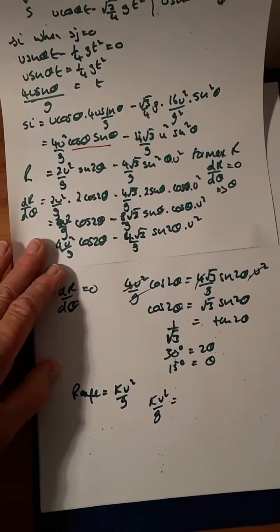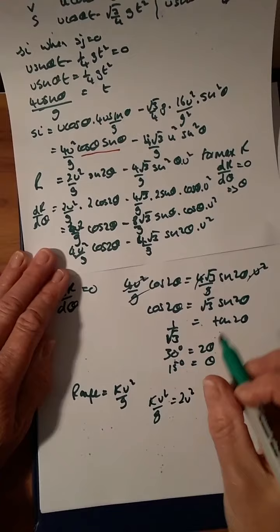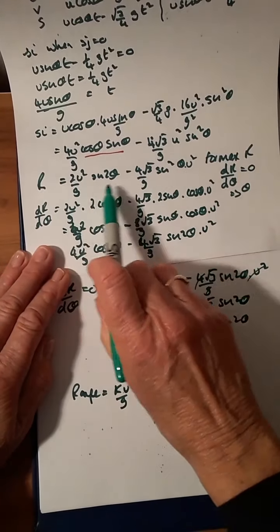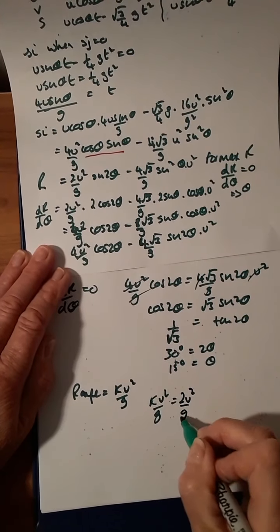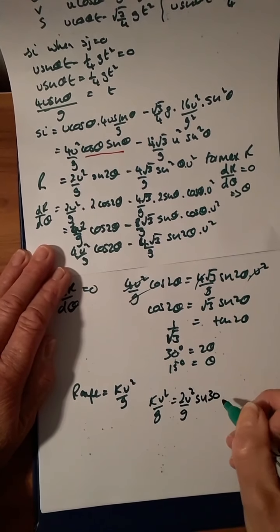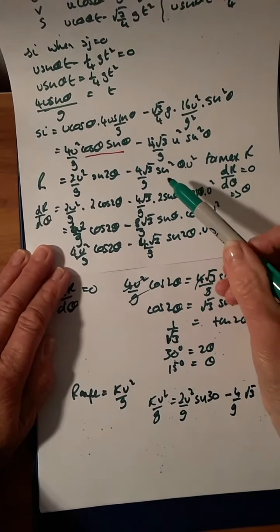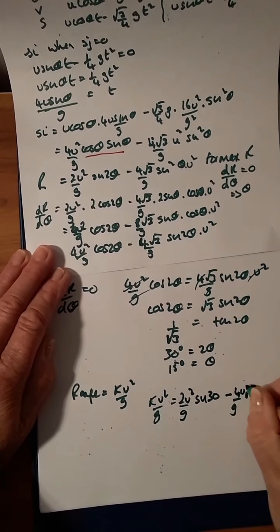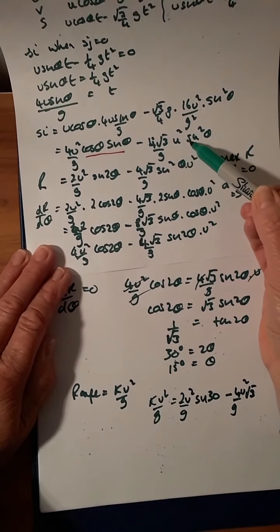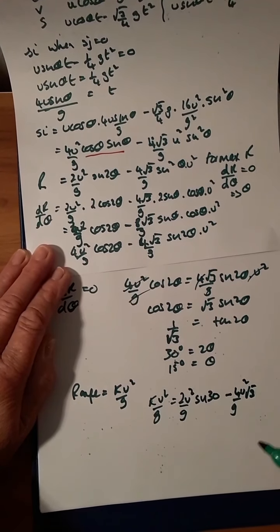So this will become 2u squared over g by the sine of 2 theta, that will be the sine of 30, minus 4 over g root 3, and again there's a u squared in there, by sine squared theta, so the sine of 15 degrees, and then I'm going to square it.